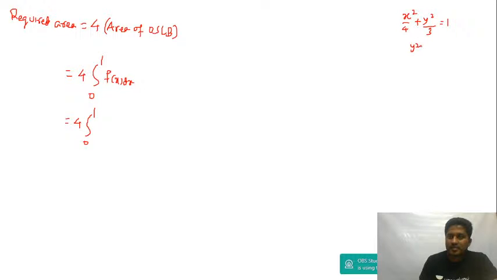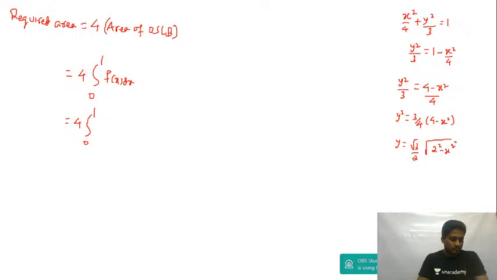So from this I can write y square by 3 is equal to 1 minus x square by 4. Y square upon 3 is equal to, cross multiply, 4 minus x square divided by 4. So y square is equal to 3 by 4 into 4 minus x square. So you get y is equal to root 3 by 2 root of 2 square minus x square. Isn't it?